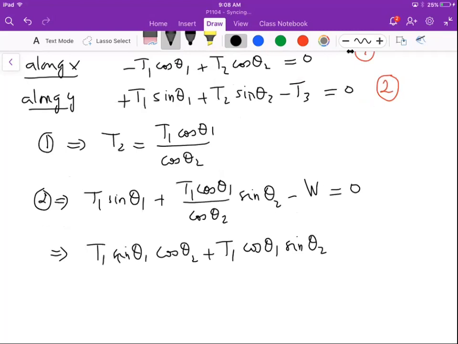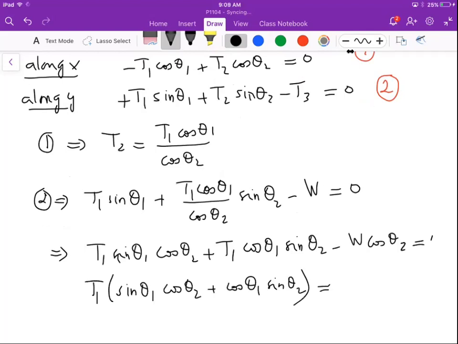And so we can do a simple simplification, putting sine theta 1 cosine theta 2 plus cosine theta 1 sine theta 2 in factor, because they share the same T1, and we need to find T1. So I get that this is equal to W cosine theta 2.